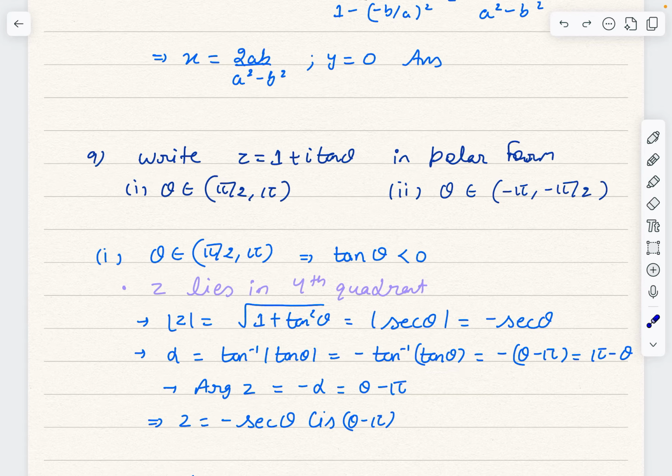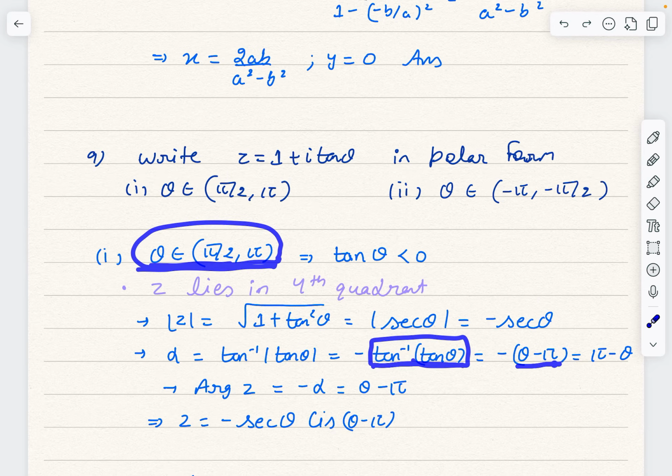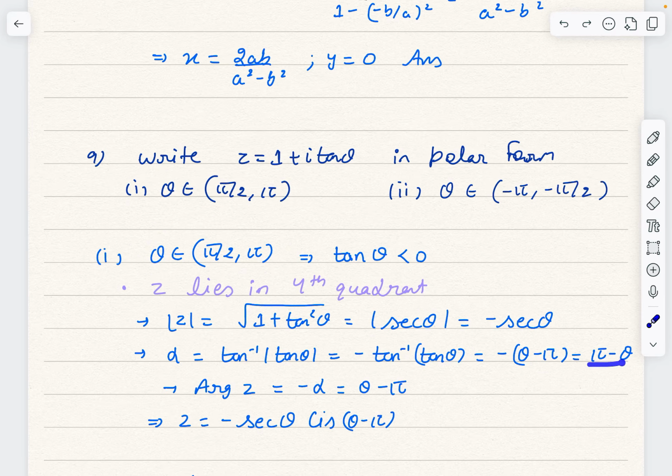Now, tan inverse of tan theta, if theta belongs to pi by 2 to pi, you must have gone through the ITF class by now. If you have not, do look into that. That is very important. Otherwise, you'll not be able to solve these kind of things. So in theta belongs to pi by 2 to pi, tan inverse of tan theta will be theta minus pi. So finally you get pi minus theta. That is your alpha value.